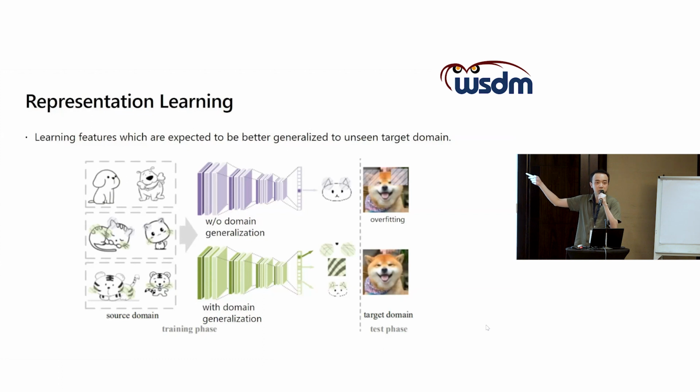Although ear information can also benefit cat recognition, this can be overfitting because some other kinds of animals like dogs also have ears. So that's why we want to apply this environment feature learning to only extract this kind of environment feature across the domains. For example, here we expect the model can be better generalized.